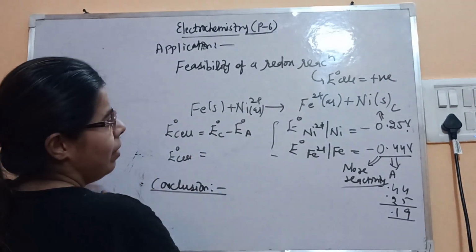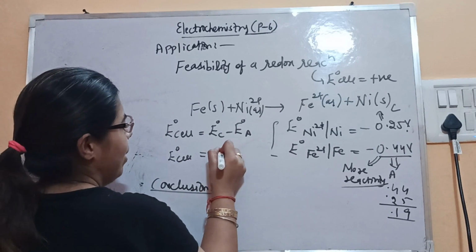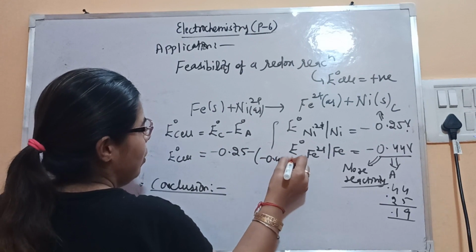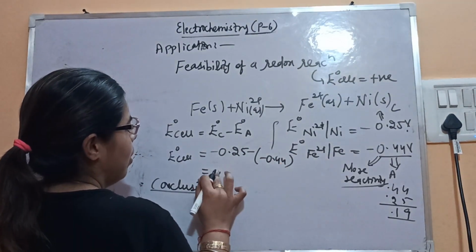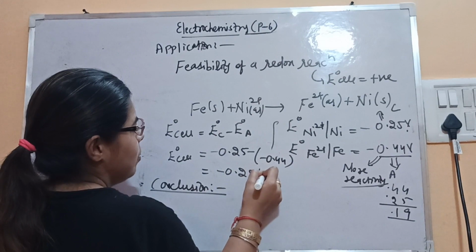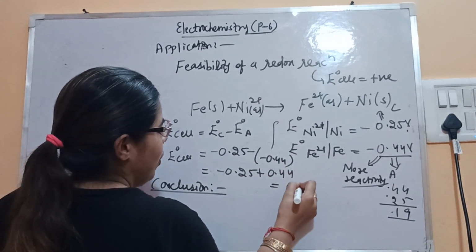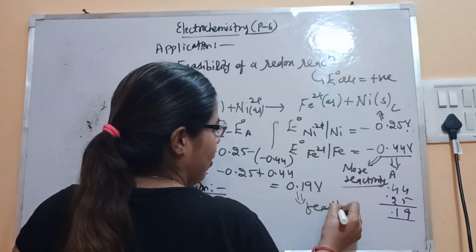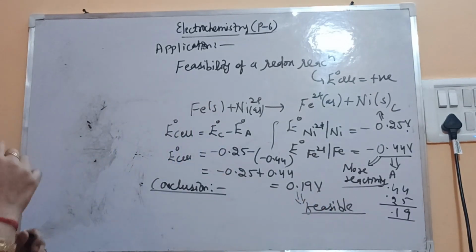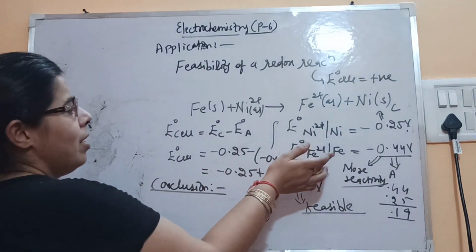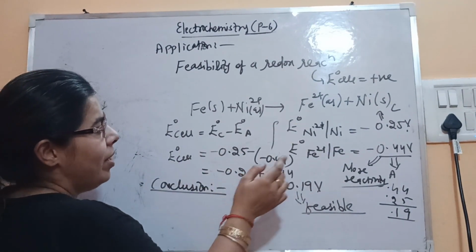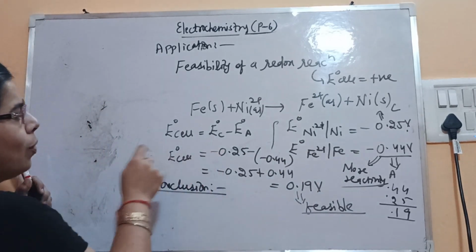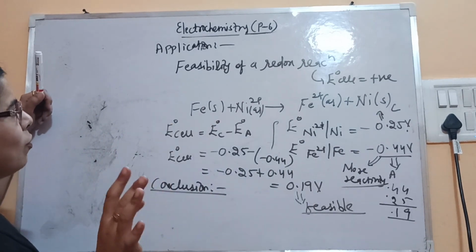Cathode. I have written anode here. So it's cathode minus anode. Minus 0.25 minus 0.44, so minus 0.25 plus 0.44 is equal to 0.19 volt. That is positive. So the reaction is feasible here. Okay, feasible here because it is positive. Sorry for that. In the previous one, instead of writing cathode, I had written the anode. Okay, so this is cathode because cathode minus anode is there. So value substitution was wrong in that case.